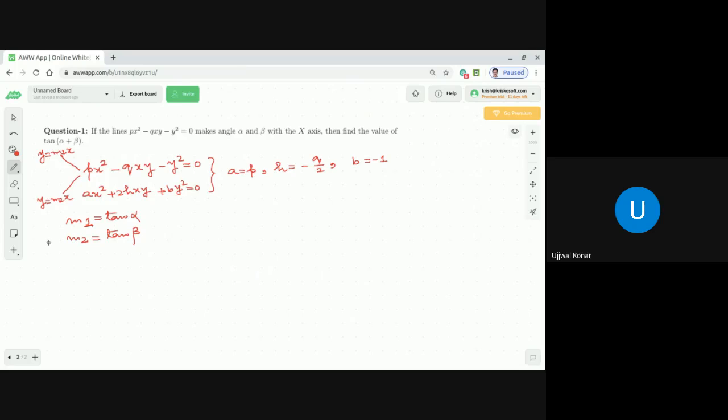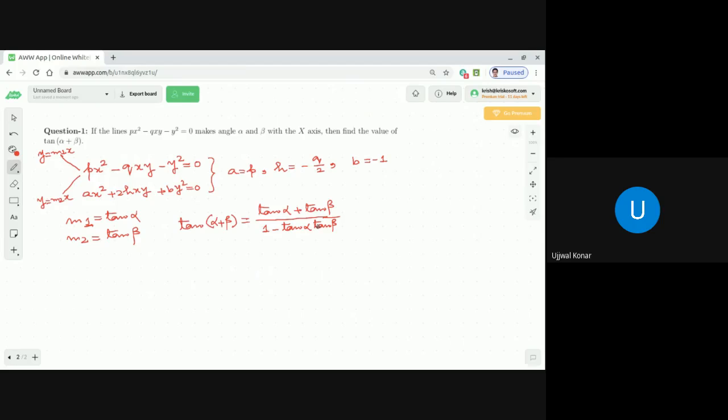But what we need to find is the value of tan of alpha plus beta. So how can we find tan of alpha plus beta? Dear students, if we apply the trigonometric formula, tan of alpha plus beta is equal to tan alpha plus tan beta by 1 minus tan alpha into tan beta.